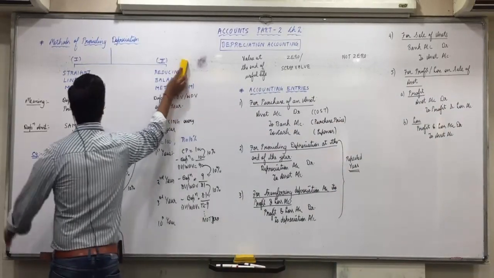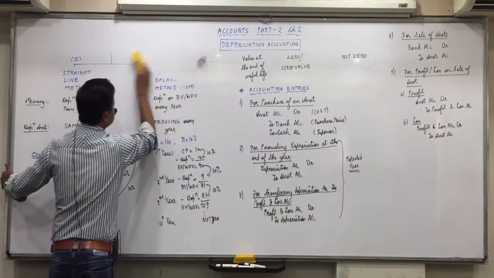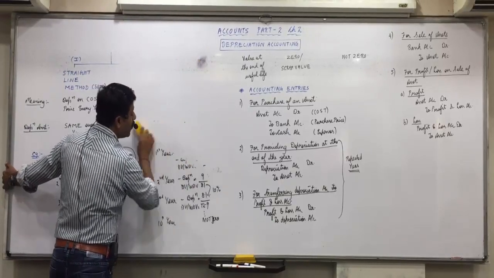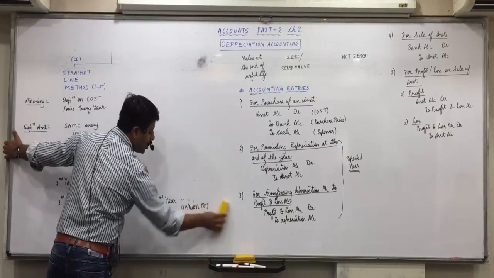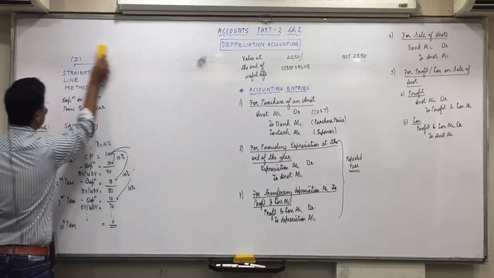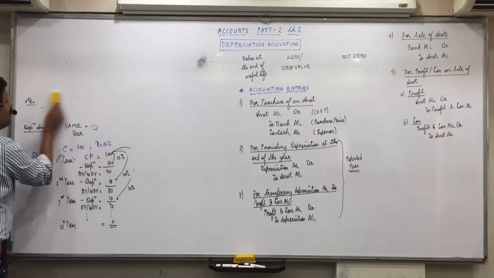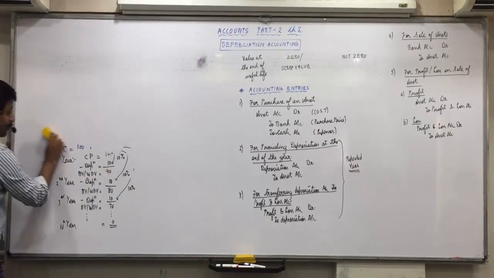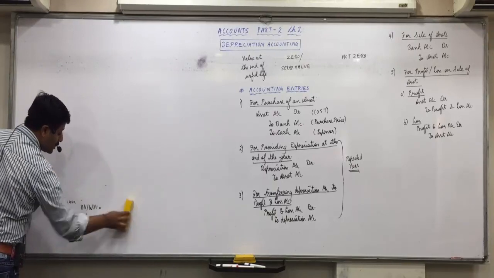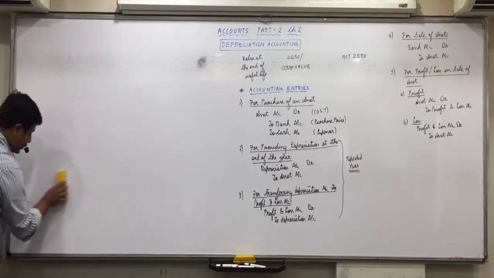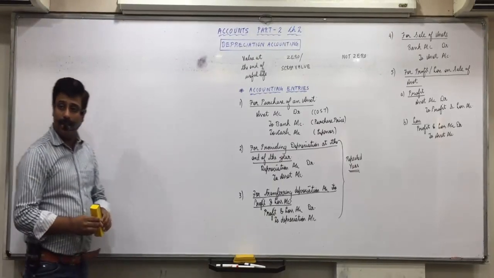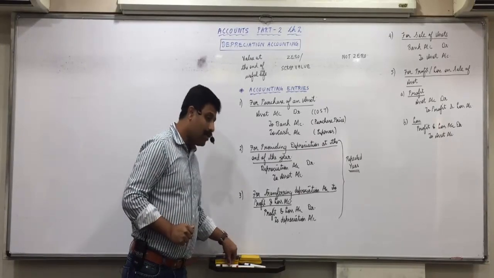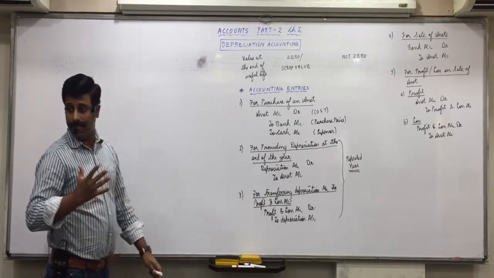Yes, sir. Now, how will we make the ledger account from this? Normally, we have to make the ledger account directly from the journal only. But here I am explaining the ledger account in the beginning itself, because if journal is not asked and ledger is directly asked, then I will give you one shortcut method to make it without the help of journal.